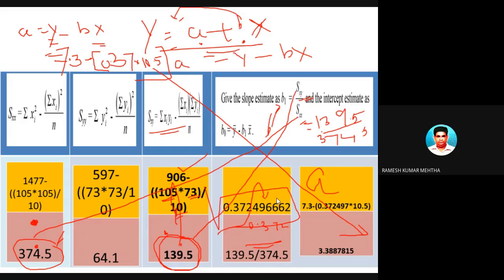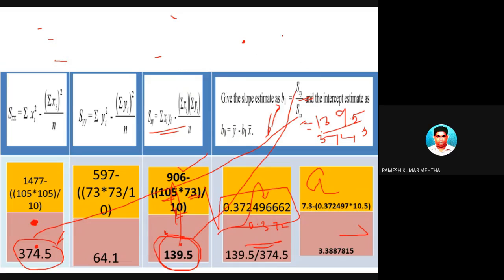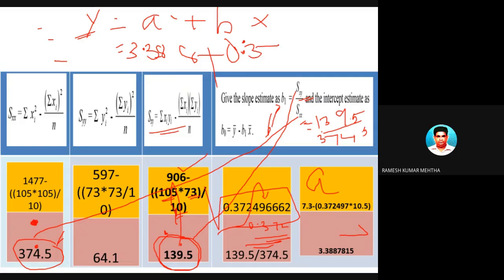So hope you have now understood how to calculate the values of a and b with the given set of X and Y values. The final equation is Y is equal to a plus bx. The predicted value of Y is equal to 3.388 plus 0.372 multiplied by the individual X values. So you plug in X values and you will get the Y predicted values.